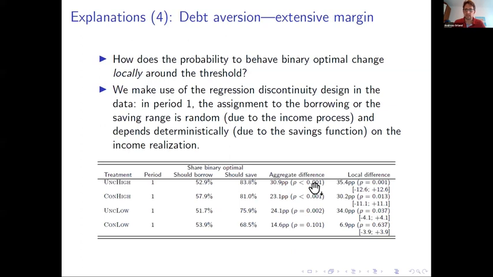So let's look at that. So RDD results, they confirm our results that I showed you before. So the local difference in most cases is even bigger than the aggregate difference. So that means that around the threshold, there's something going on and people don't like to borrow.